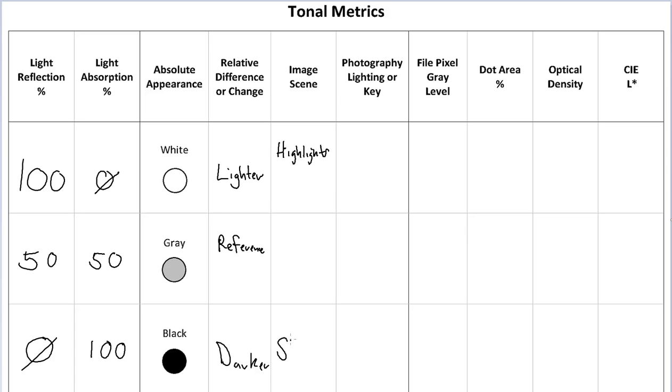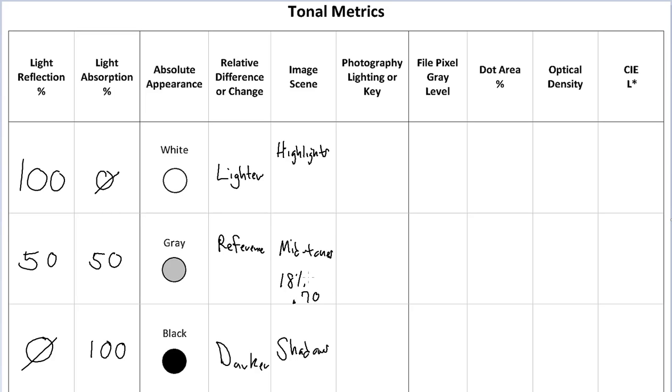This would be the shadows. And this would be the midtones. By the way, in photography, this would be the 18% reflectance, which is about a density of 70.